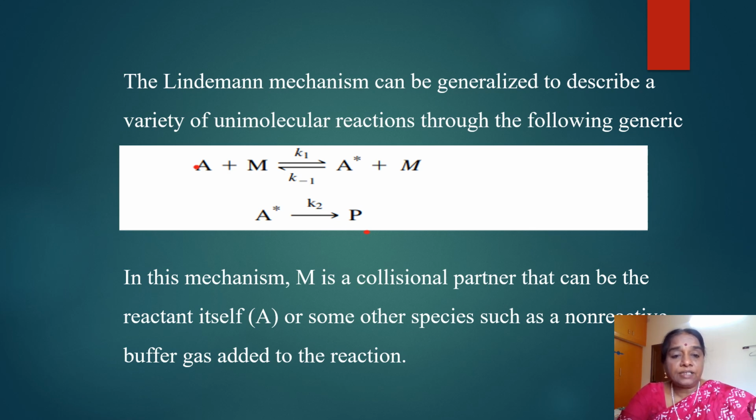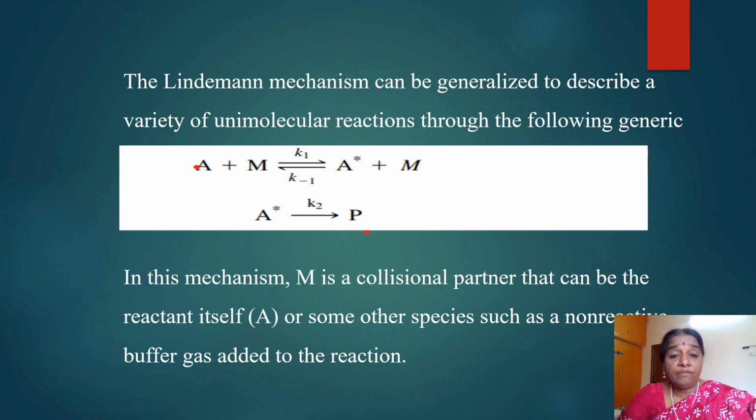The reactant A reacts with another reactant of similar type M, or M may be a collisional partner, which is a non-reactive buffer gas added to the reaction, and these two react to give the energy rich active intermediate, known as the energized species of reactant A, represented as A star, plus another less energetic reactant M. This first step is called the forward reaction, whose rate constant is given as K1.